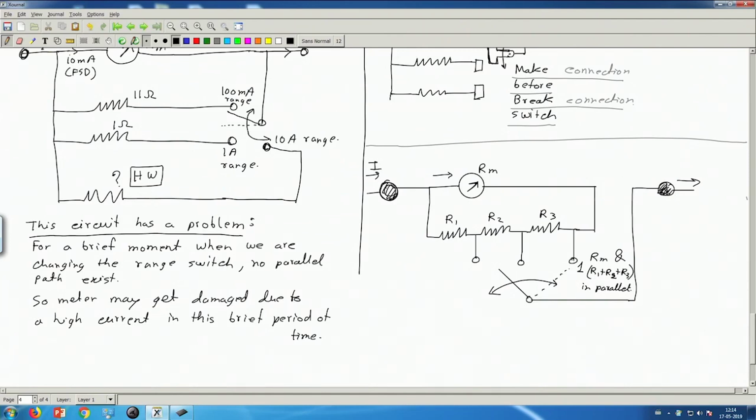Part of the current goes through these three resistances and part goes through the meter. This is for position 1.